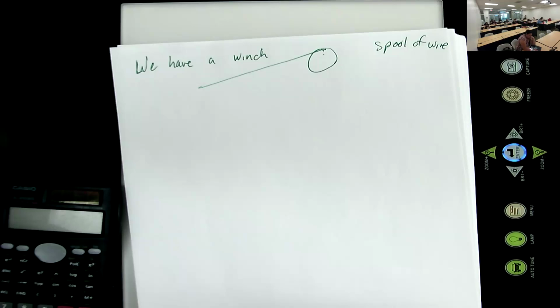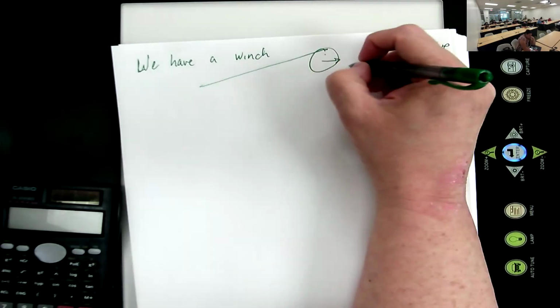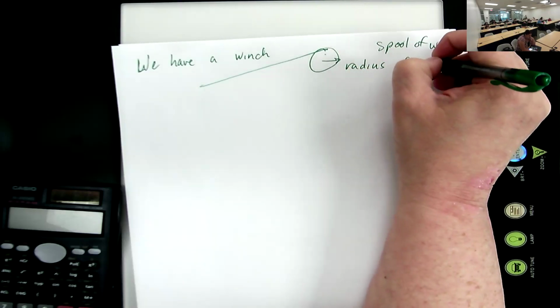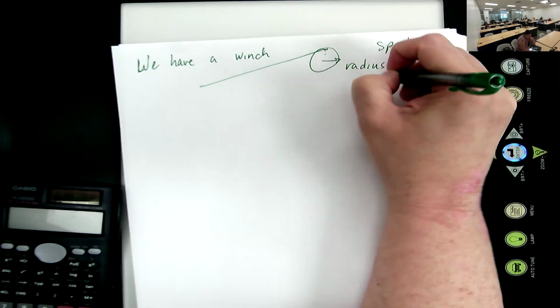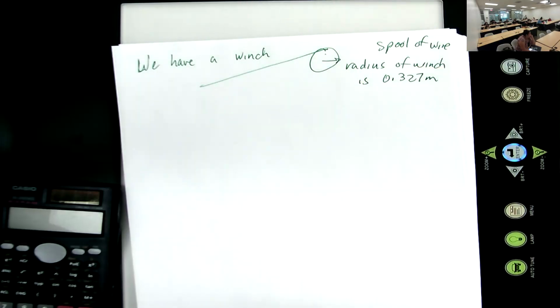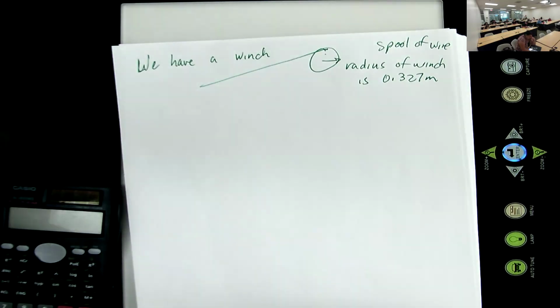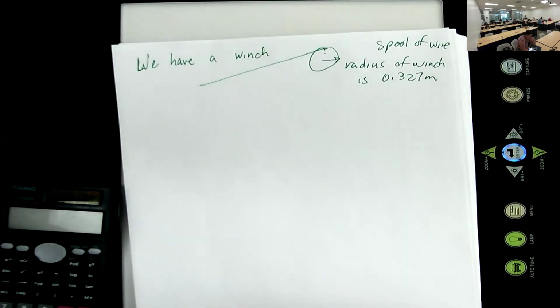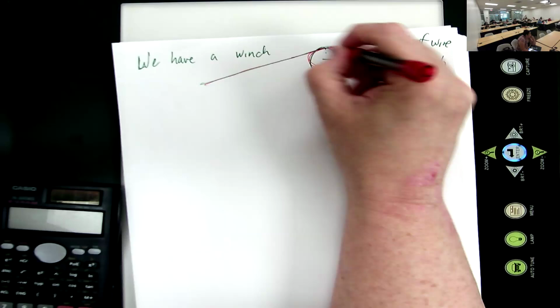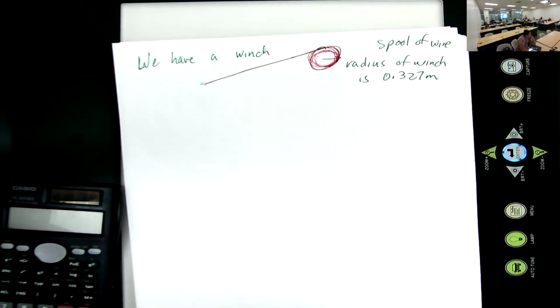Let's say the radius of the winch is 0.327 meters, around a foot. And the wire, like your cable, just keeps getting wrapped around it, builds up on it, or you let it out.